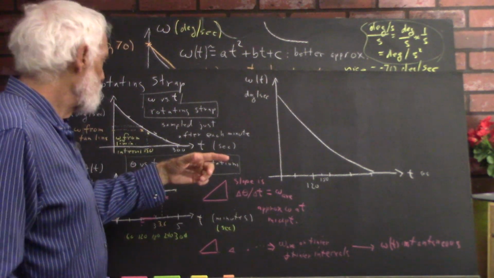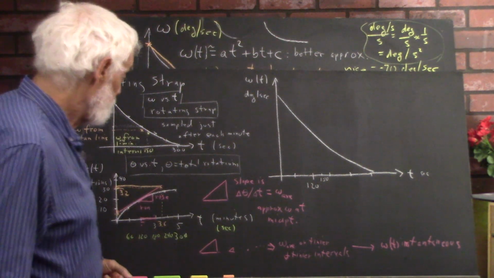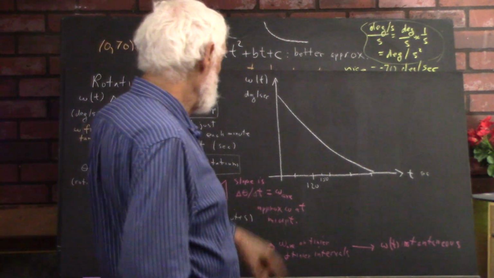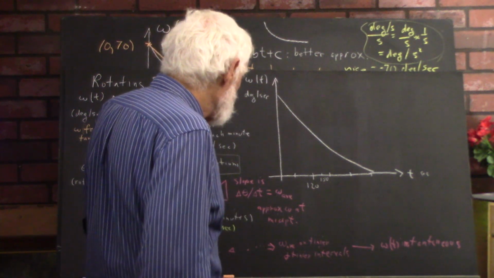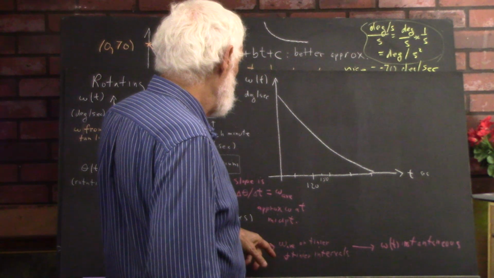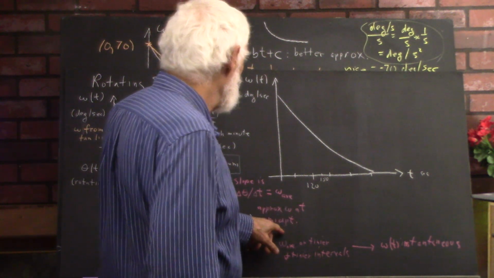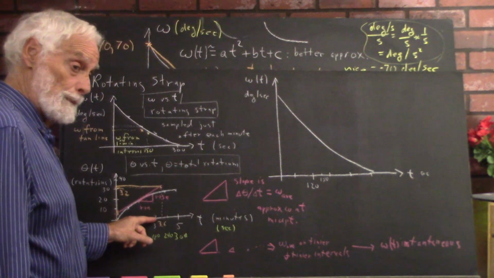The run is a change in the time on the clock. And that gives us an average angular velocity. That average angular velocity is the approximate angular velocity at the midpoint of this interval.